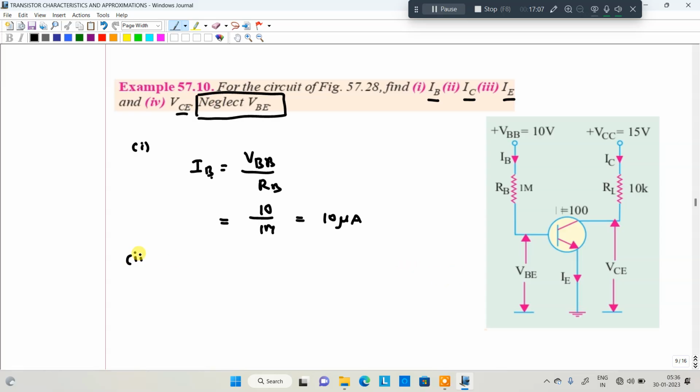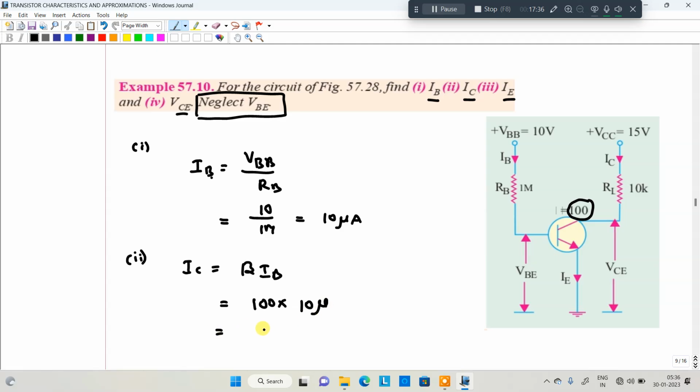Second case, IC. The IC formula is IC is equal to beta into IB. The beta value is mentioned as 100. So IC is equal to 100 into whatever IB you got, 10 micro.